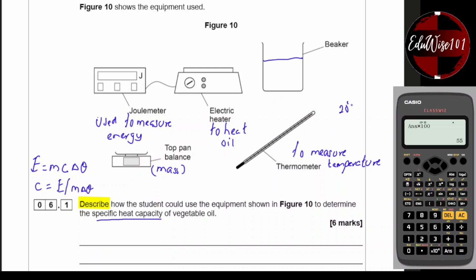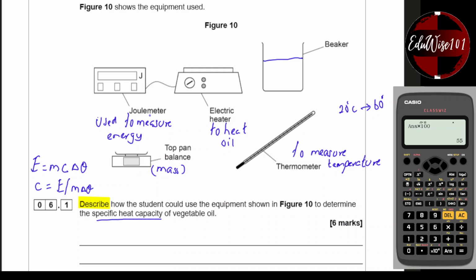And then you would heat it, let's say for about 10 minutes. And then switch it off and leave the oil there and find out what the temperature increases up to. It takes a little bit of time for the temperature to be transferred to the oil. So let's say it goes up to 60 degrees.